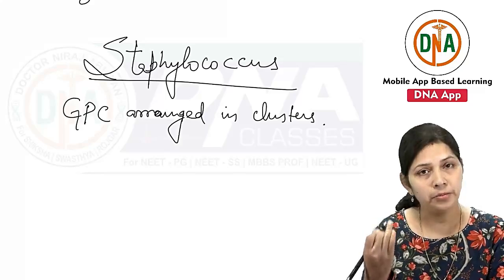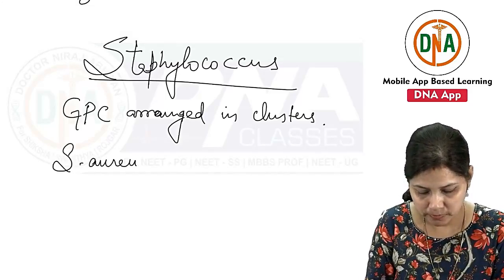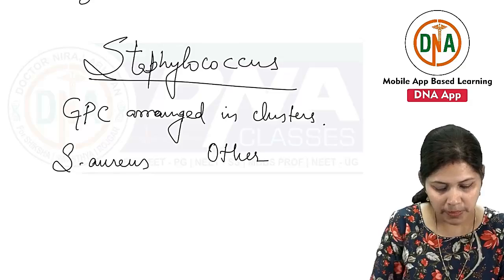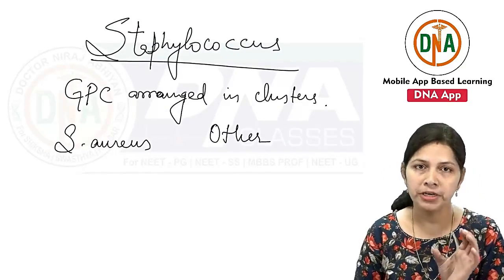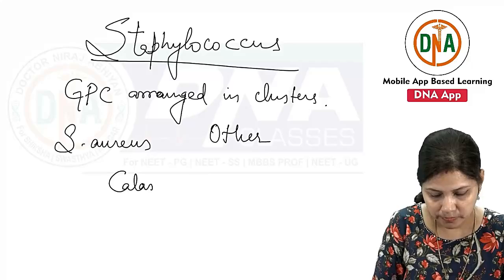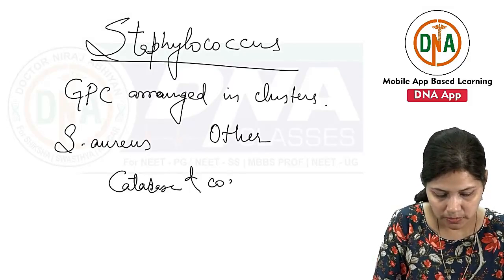Okay, and the important bacteria are Staphylococcus aureus and other bacteria, and these two we differentiate by an important test, that is a catalase test and a coagulase.